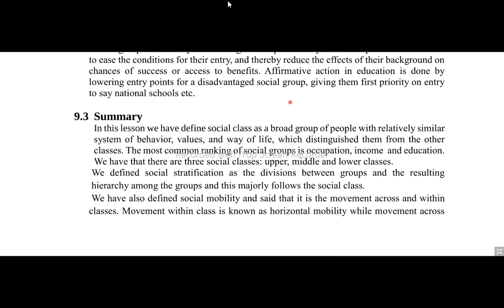And therefore, when schools are admitting from Form Ones, they first give priority to such areas, and depending on the marks that the student have, how they have performed, they will give priorities also to such areas.